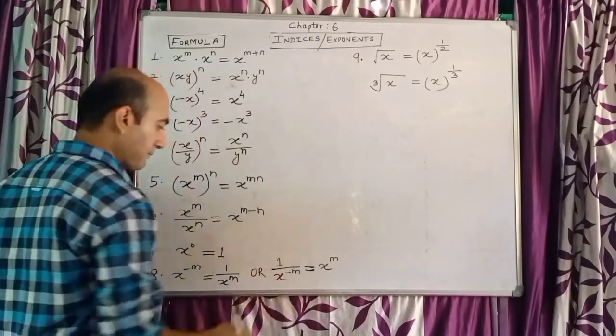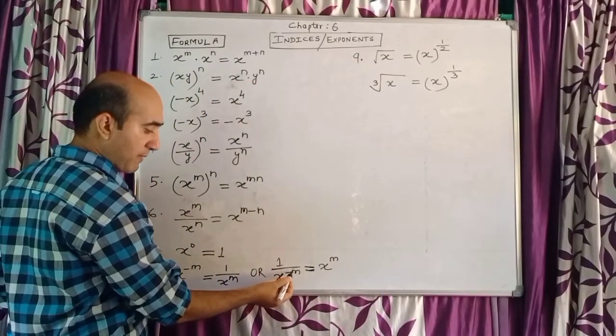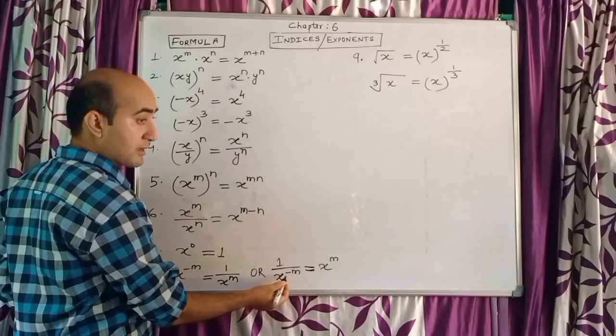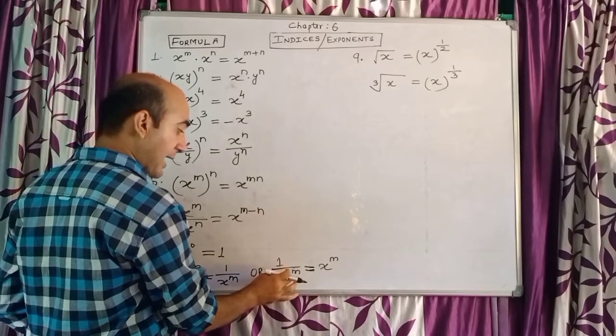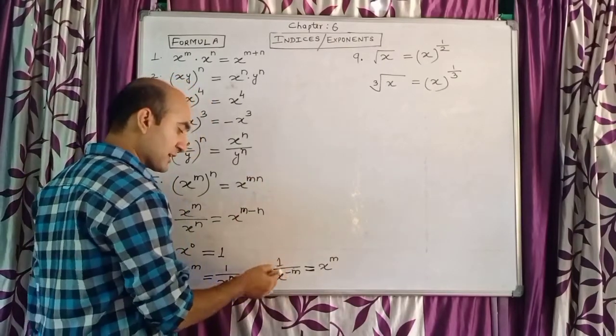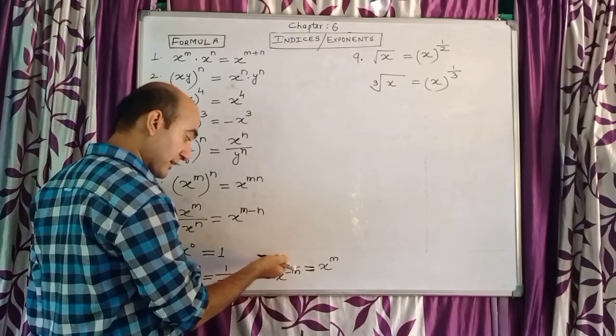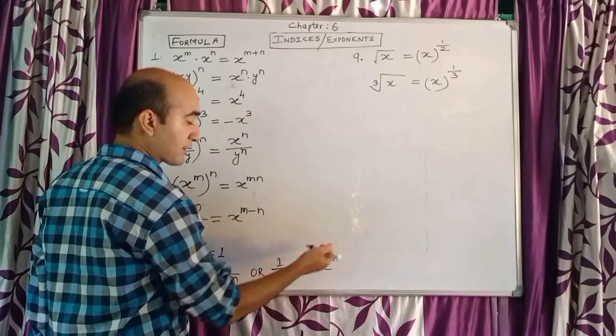Another of the same type, suppose 1 by x power minus m. Suppose there is a minus power at the denominator, then I have to make this a positive power. That time what you do, just take this denominator to the numerator and bring the numerator to the denominator, and your result will be x power m.